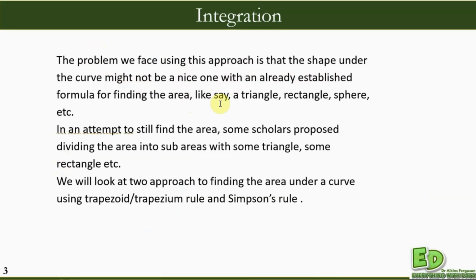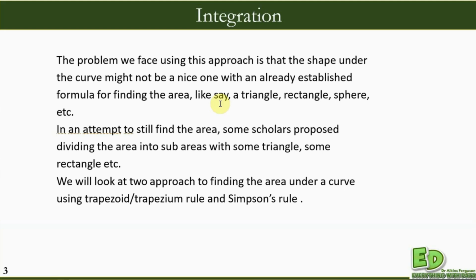In an attempt to find that area, some scholars proposed dividing the area under the curve into sub areas with some triangles, some rectangles, some trapezium, some parabolas, to help us estimate the area under the curve.